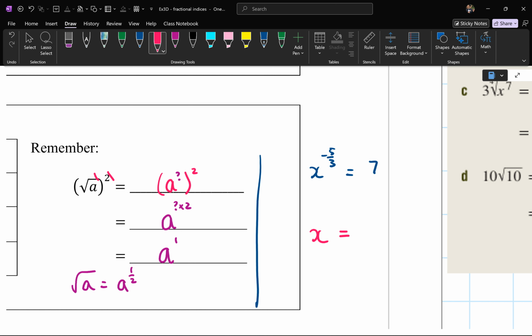Would it be x to the power of negative 5 equals the cube root of 7, or the square root of 7? No, not yet. I thought you were onto something, but not that. No, this would be algebraically incorrect, because we've got to get rid of that cubed, or that denominator.